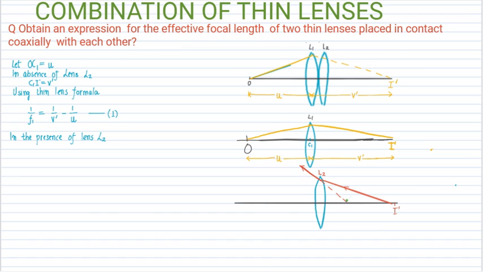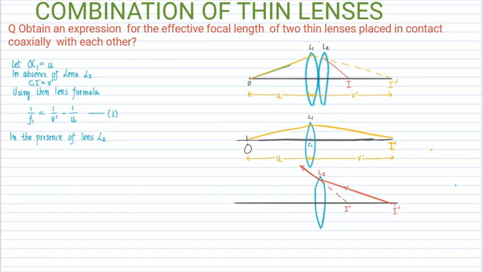So in that case, it forms an image I on the principal axis. This acts as a virtual object. The light strikes the lens L2, bends away from the normal, and appears to be diverging from a point. This is the point where your image will be formed. Clear? So this is your image I.